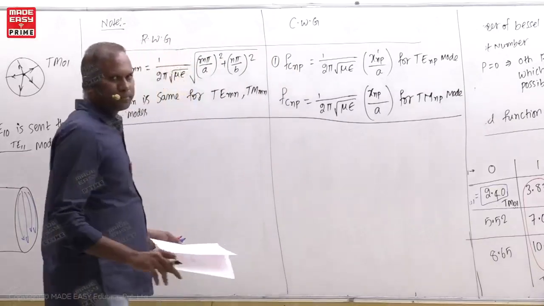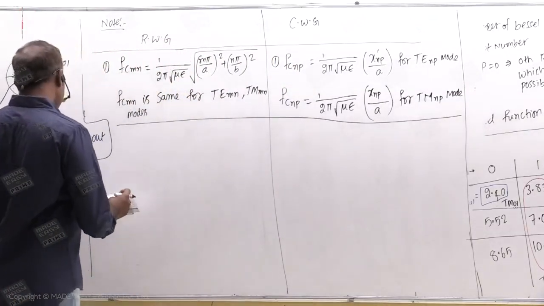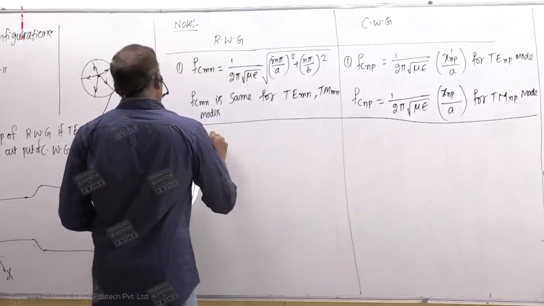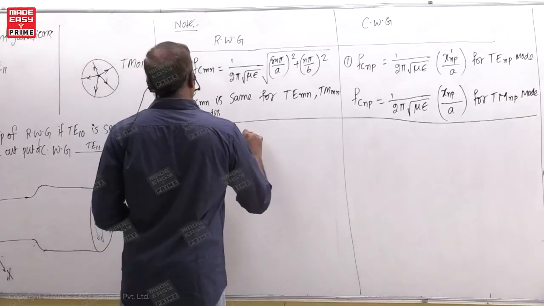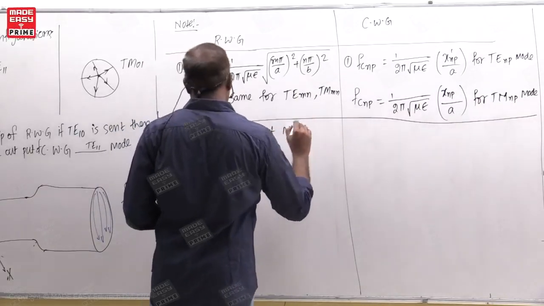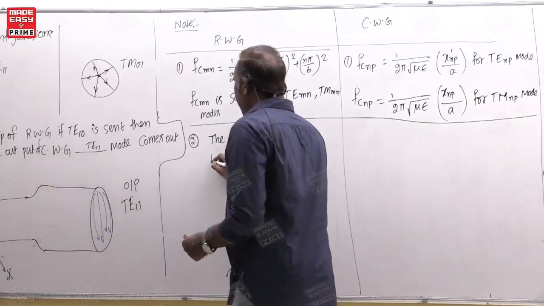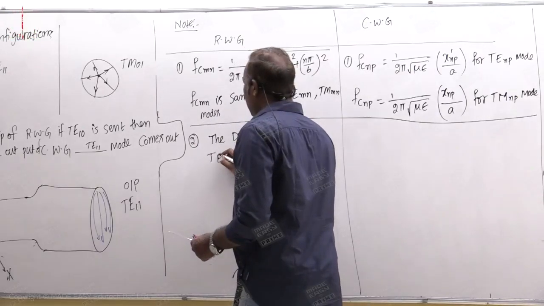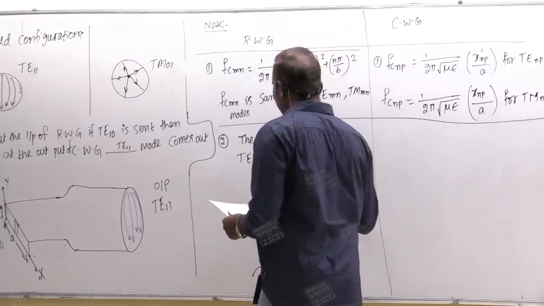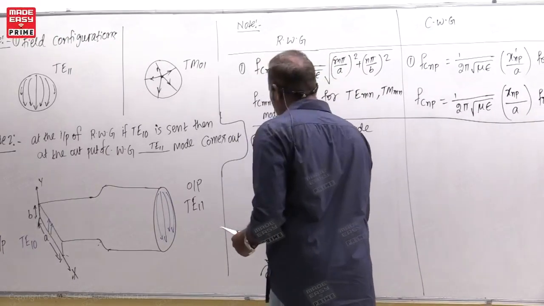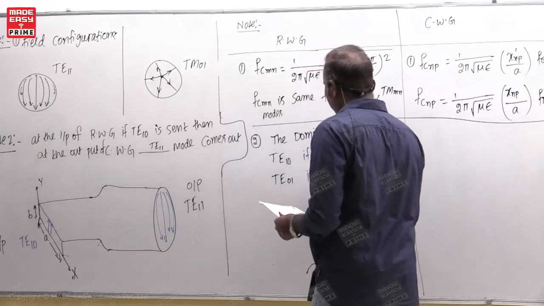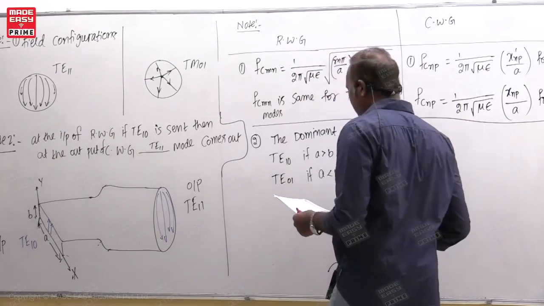Second point. Here the dominant mode, already you know, TE10 is the dominant mode if A is greater than B in rectangular waveguide. TE01 is the dominant mode if A is less than B. This already you know.